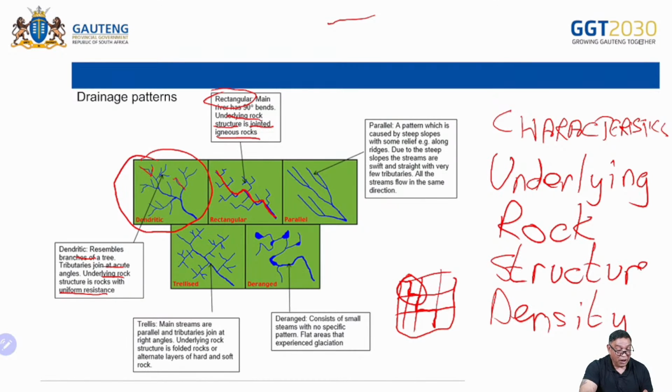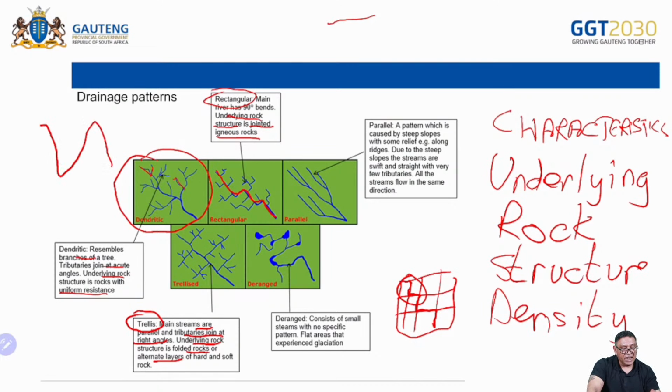Okay, I'm going to skip to trellis next. All right, the main streams are parallel and tributaries join at right angles. If there's two main streams. Now, what would make it parallel? The main factor is the tributaries joining at 90 degrees. So if I look at the underlying rock structure, it's folded, or alternate layers of hard and soft rock.